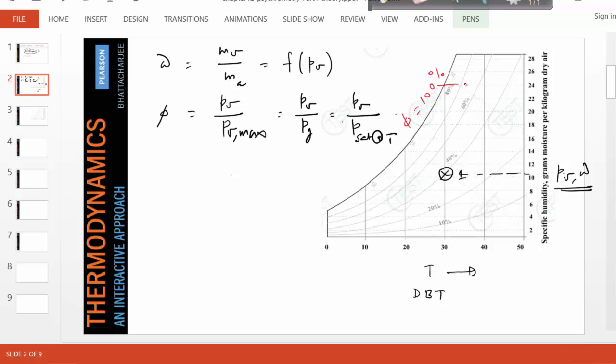So in other words, this is PV max. From this chart we can find this is PV, and their ratio is relative humidity, shown by state 1.